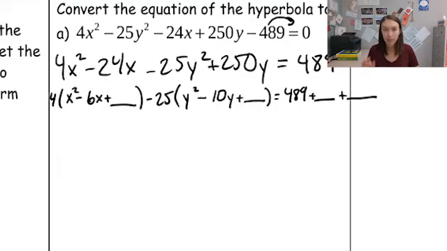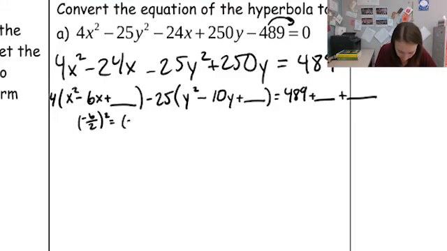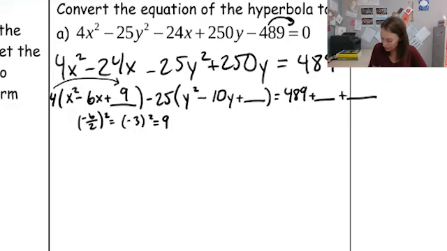All right, so to balance those out. Now I have negative 6 over 2 squared is negative 3 squared, which is 9. So I'm going to put 9 here, but then that's not really a 9. It is a 4 times 9, which is a 36. So I need to balance that out by adding 36 to the other side of my equation.